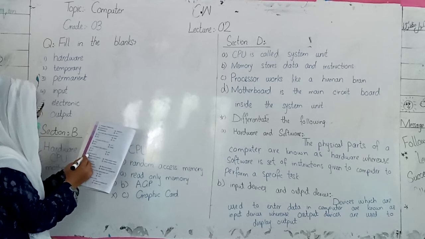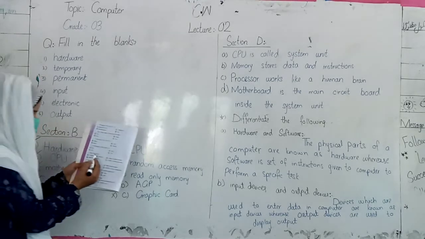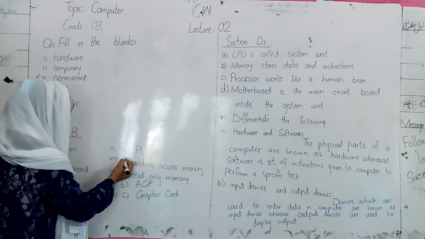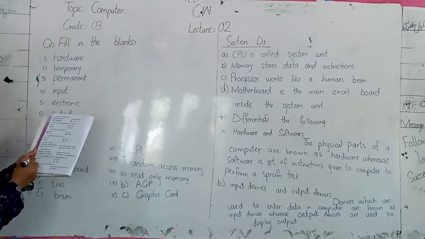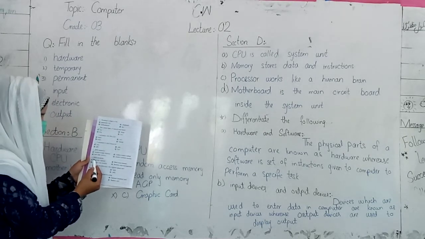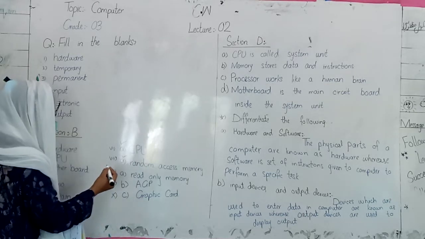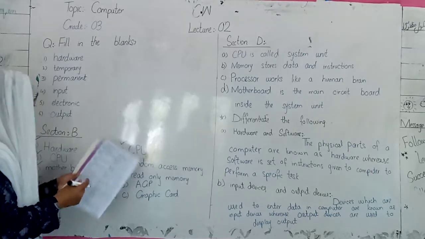Number 7: RAM stands for random access memory. Here we have to take option A, which is random access memory. Number 8: ROM stands for read only memory. Here we also have to take option A, which is read only memory.